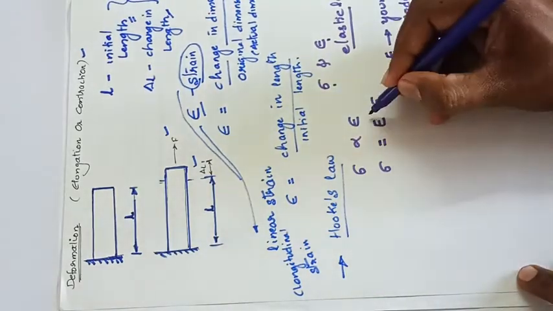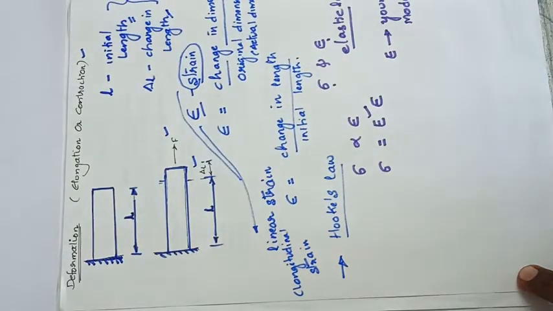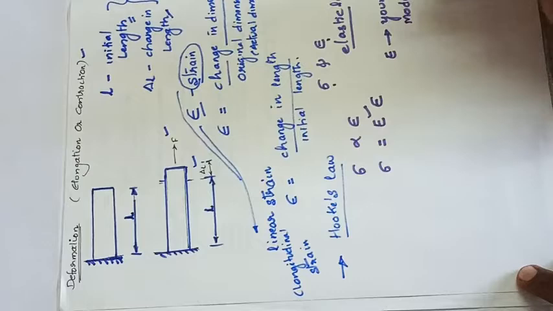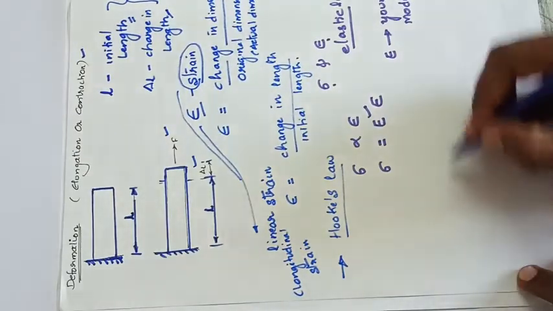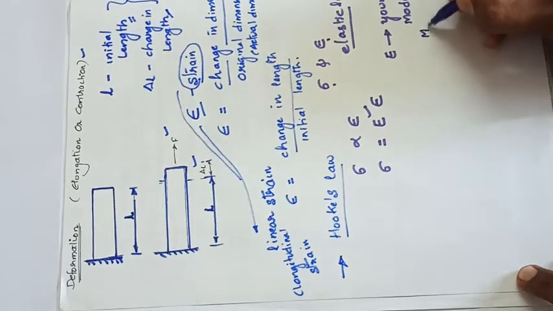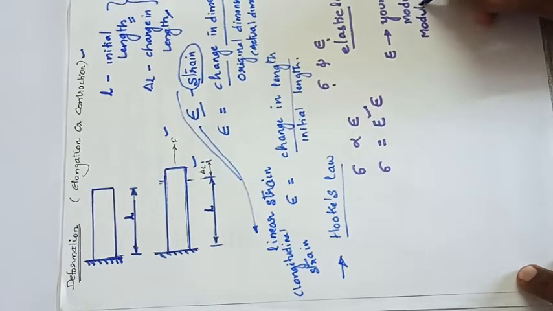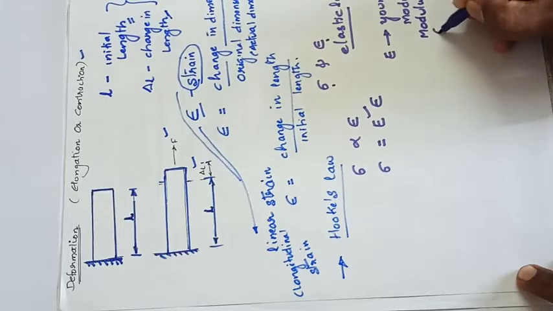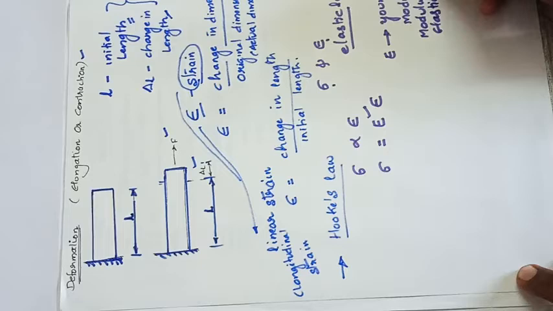The value of E, or Young's modulus, can be calculated using the stress and strain diagram, which we will discuss later. Another name for Young's modulus is modulus of elasticity. It is represented by the letter E.